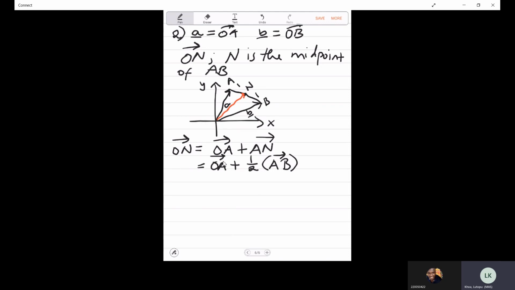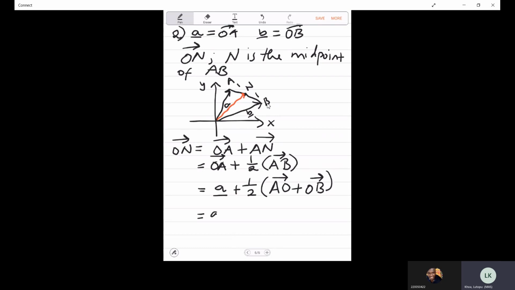Okay, so now I've represented everything in terms of something I know. Now I can do my substitution. OA, that's the vector A, because it's pointing in that direction. I don't need to make it negative. So this is my vector A, and then half. Now AB, in order to get AB, I need to go from A to O. So let me write that. This is AO plus, once I'm at O, I go from O to B. This is OB.